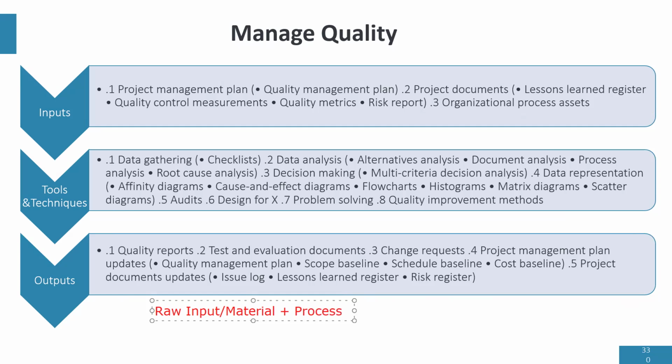Say process one, take that and add process two, take that and add process three, and take that and make it a product. So let me put things so that we can see.